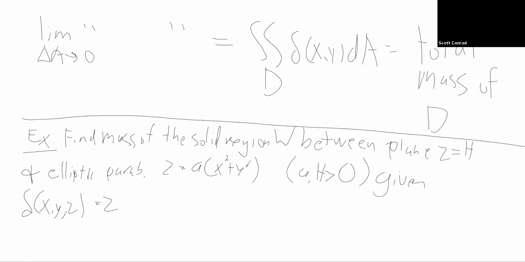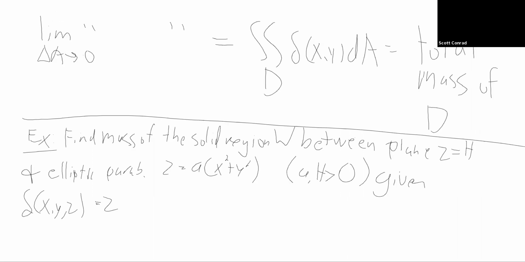So let's sketch this and then set up our integral. Okay, so we have the paraboloid z equals a times x squared plus y squared. a is positive, so it's going to be opening upwards, and its z-intercept is 0. And then we also have the plane z equals h, some horizontal plane. So it's going to look like this.